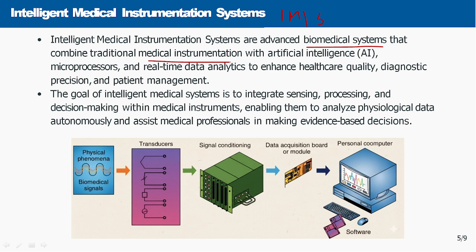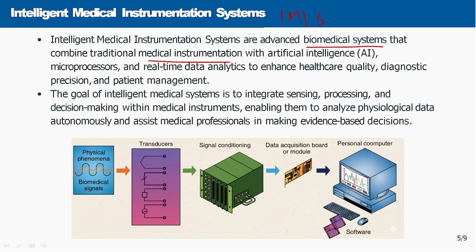Then we go for pre-amplification, then filtering, then analog to digital conversion, then we send that to a microcomputer, microprocessor or digital signal processing unit. After processing, we send that to a digital to analog converter. Then we record it. We can take a graph of it on paper, or we can transmit it for communication. So this is the traditional man instrumentation system.